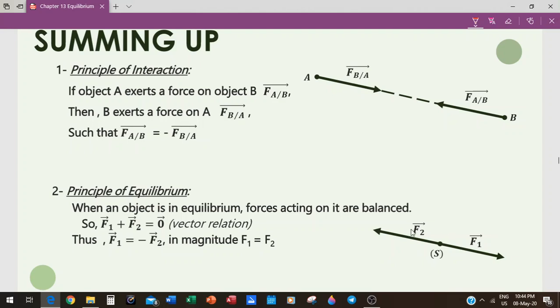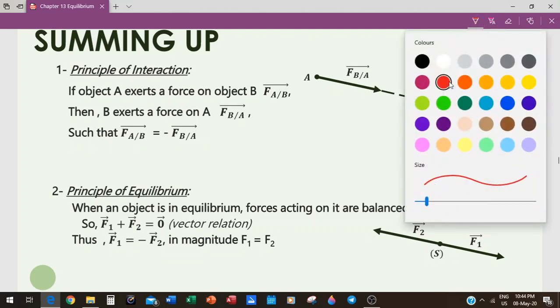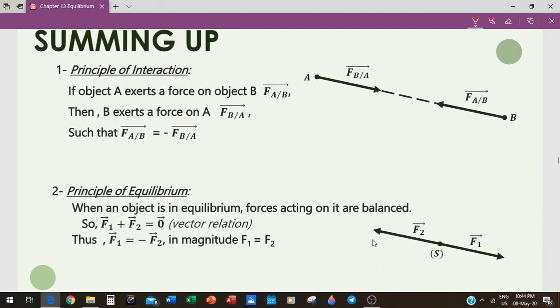As the condition of equilibrium also, these two forces have the same line of action, which is horizontal, as you can see here. They are equal in magnitude, and they are opposite in direction. This is summing up for the first two objectives explained in this chapter.